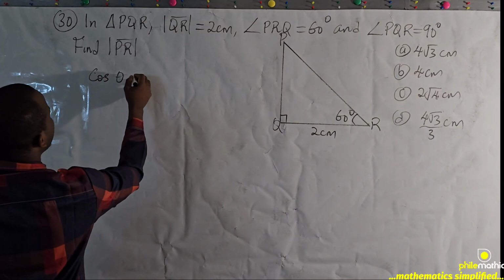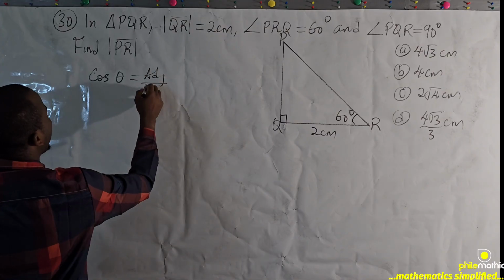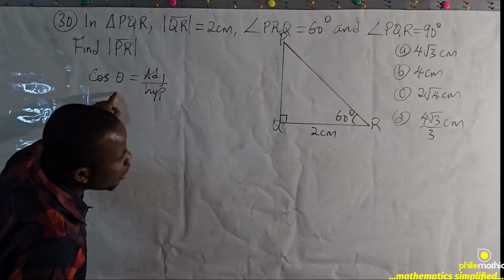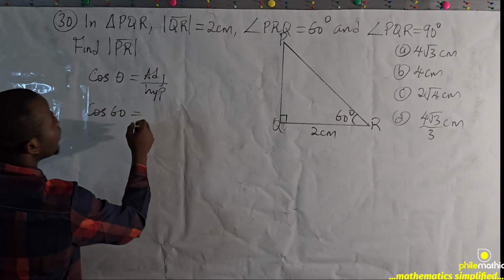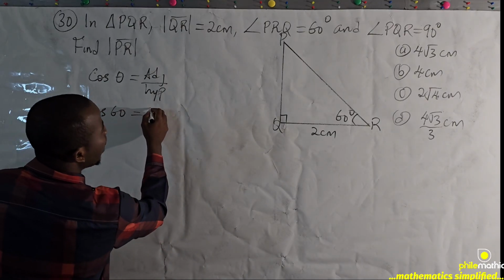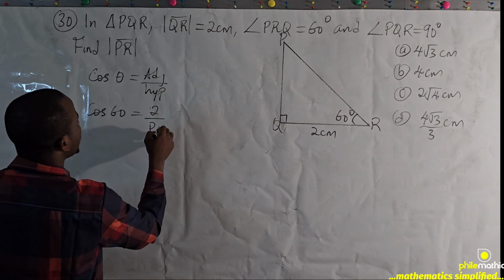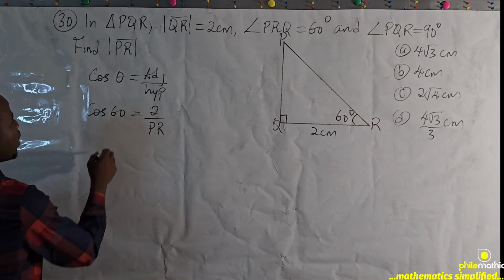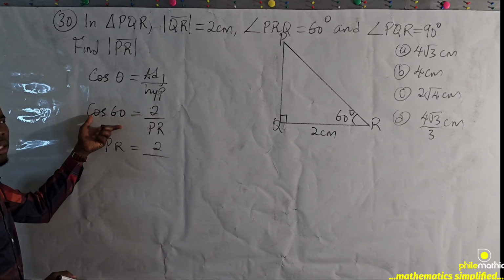So cos theta is simply adjacent over hypotenuse. But our angle is 60 degrees. Cos 60 degrees is adjacent, which is 2, over hypotenuse PR. We're looking for PR. So PR will be 2 over cos 60.